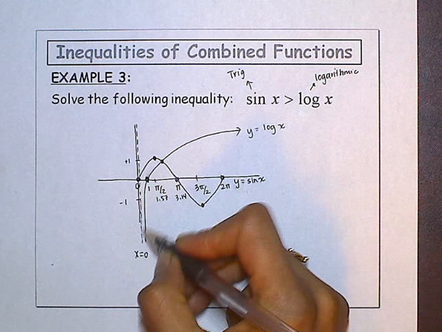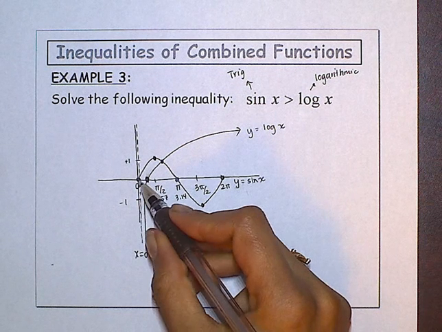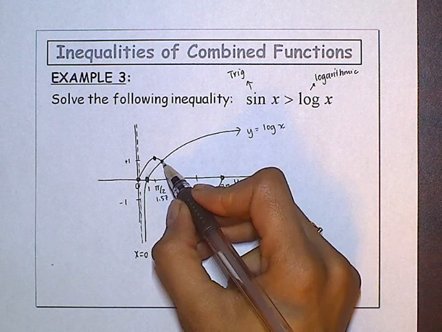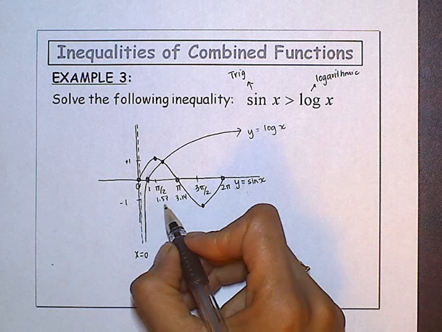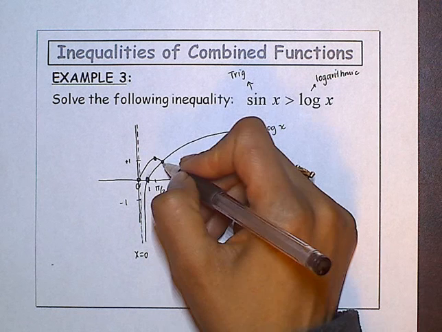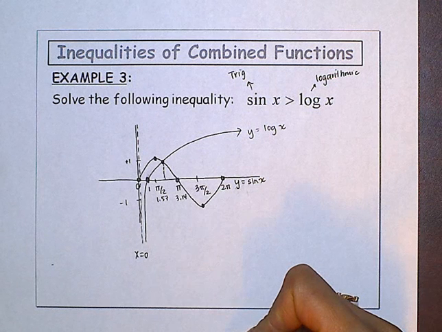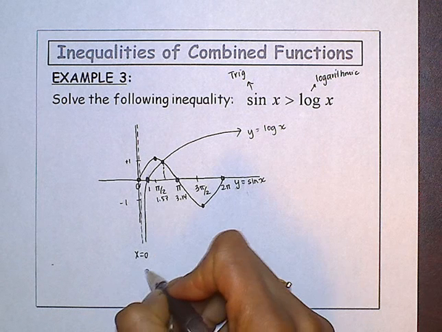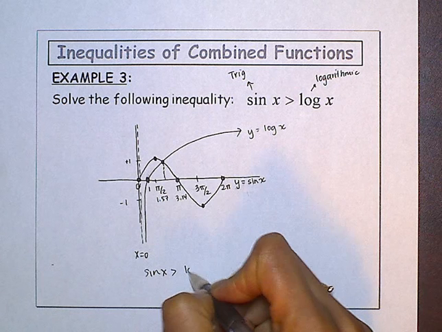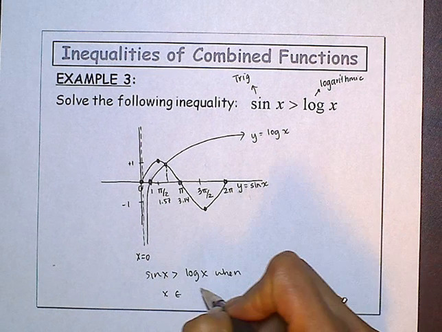It's got to be between 1.57 and 3.14, and I'm going to approximate that to around 2.2 or 2.3. So sine of x is greater than log of x when x is an element of the interval from 0 to around 2.3. And you have to approximate here because you're not 100% sure, so you're just estimating.